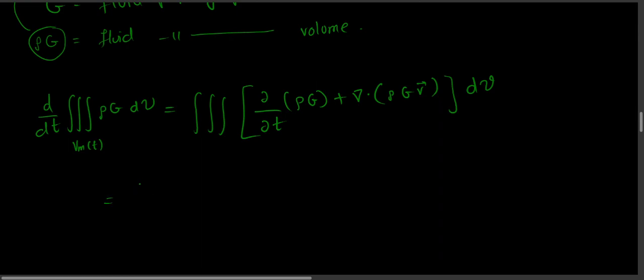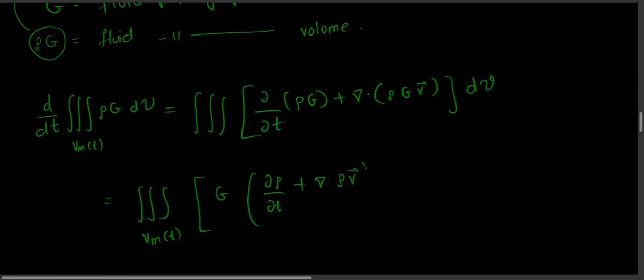If we expand this and solve it further and simplify things, the final result will look something like this, plus rho del G by del t.